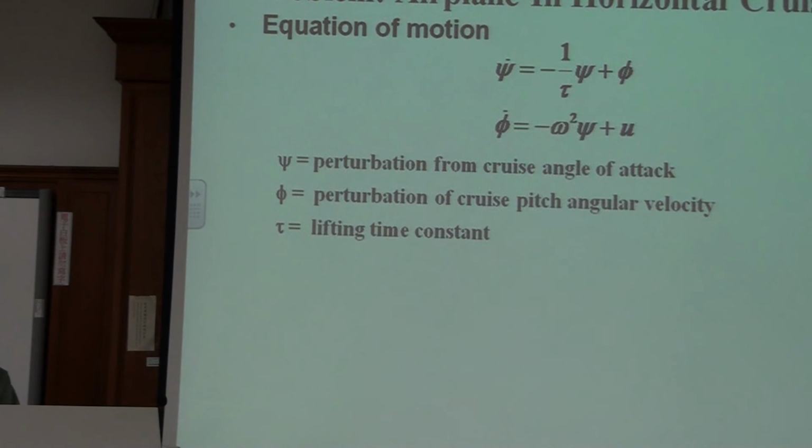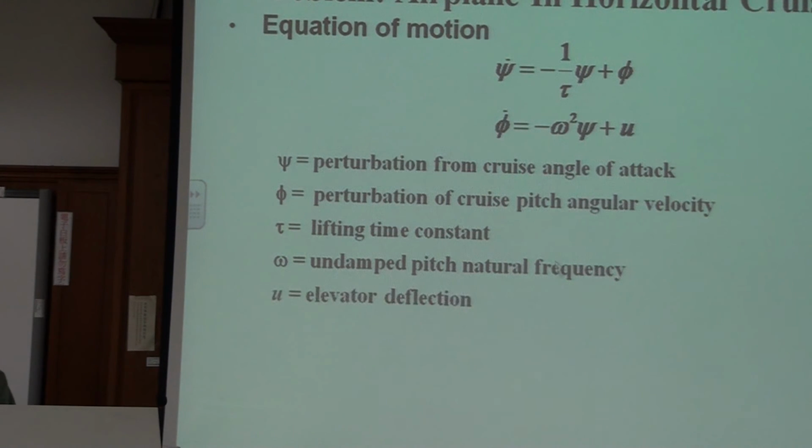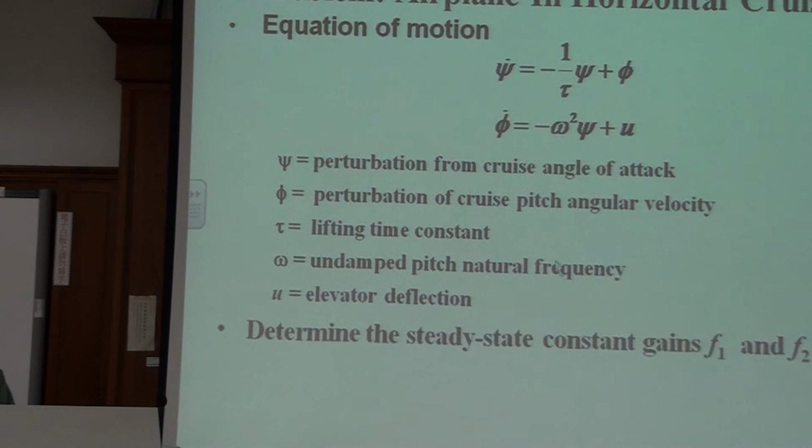I don't spend too much time here. Tau is the lifting time constant. Omega is the undamped pitch natural frequency. N is the elevator deflection. That's how they control when sitting in the airplane, or if they use optimal control.